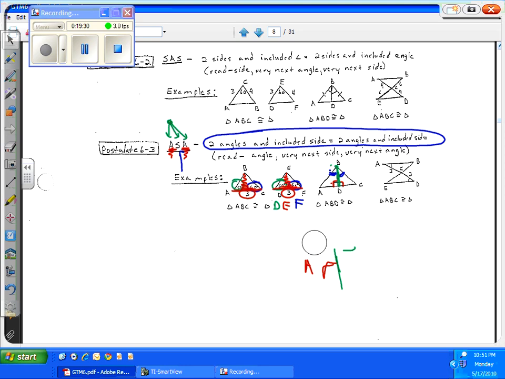Now, when you name the congruency, again, you must name corresponding parts in order. The A was first, and the A was opposite that green side.